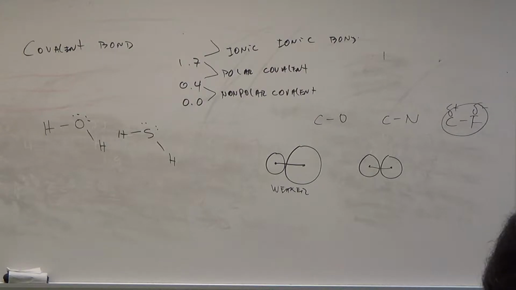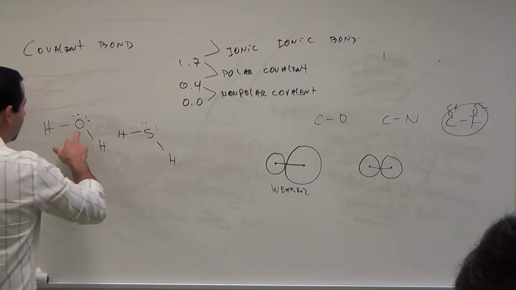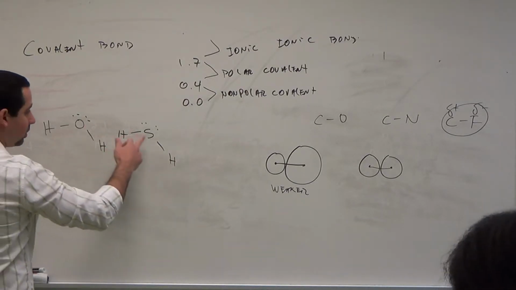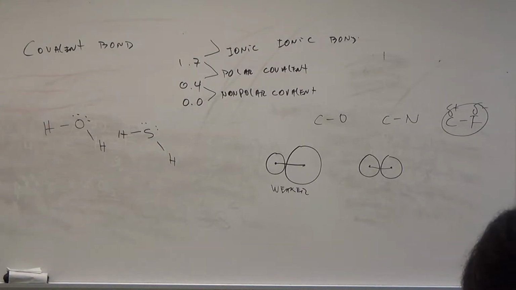Which bond is weaker? Oxygen? Seriously? I need the periodic table. As you go down, the elements get bigger, yes? Oxygen is on the top and the sulfur is on the bottom. So sulfur is weaker. Is that clear? Oxygen is not weaker.